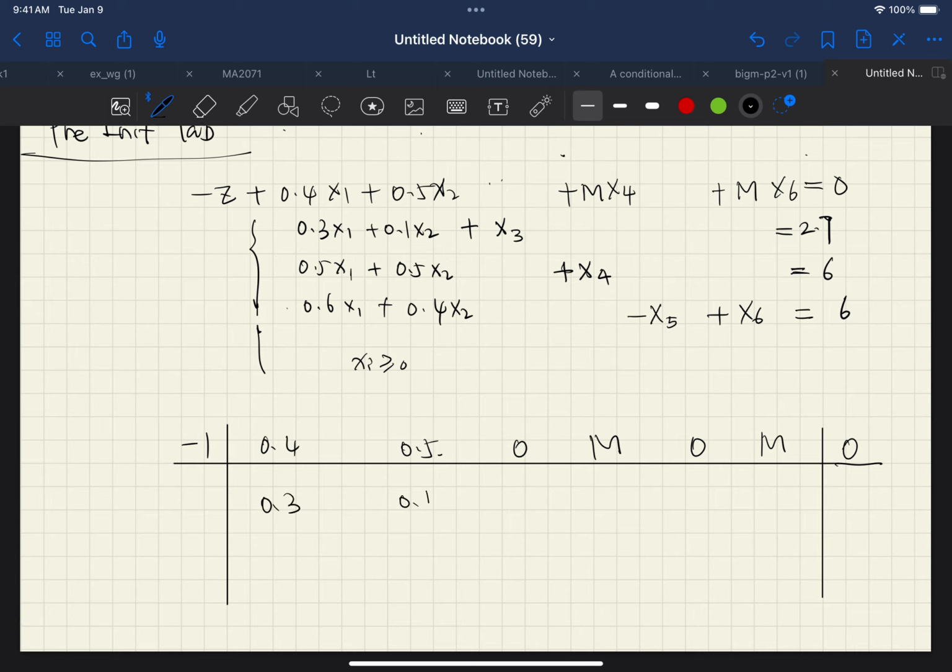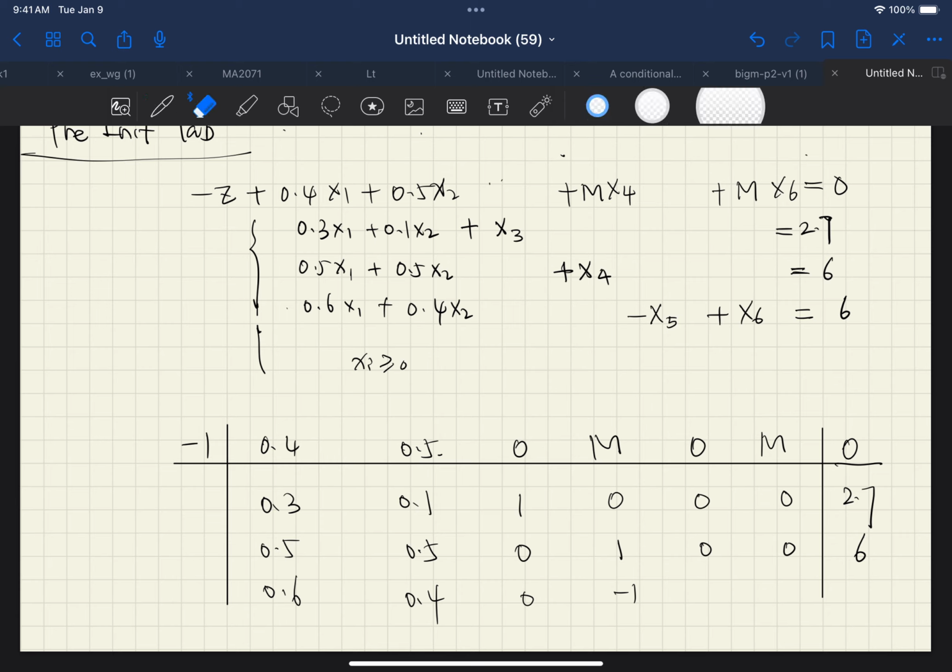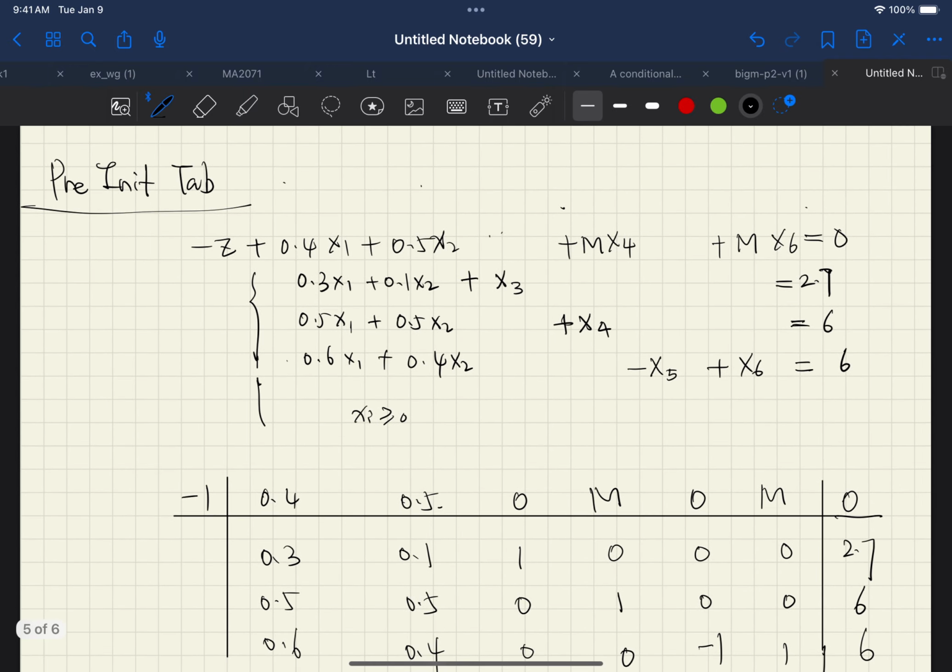Then 0.3, 0.1, 1, 0, 0, 0, 2.7; 0.5, 0.5, 0, 1, 0, 0, 6; 0.6, 0.4, 0, 0, -1, 1, and 6.